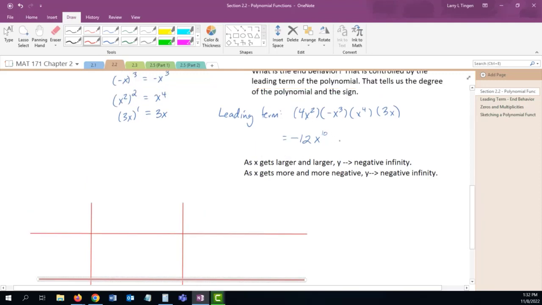And let me give you one more piece here for notation's sake. They would say for this that the degree is 10 and that the leading coefficient, which they label a sub n, is negative 12.